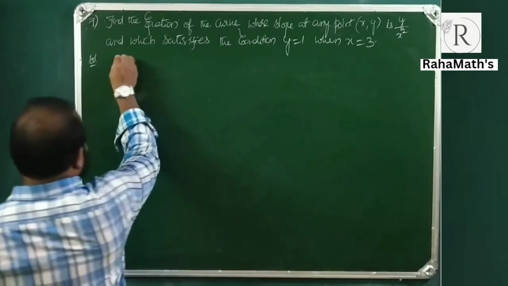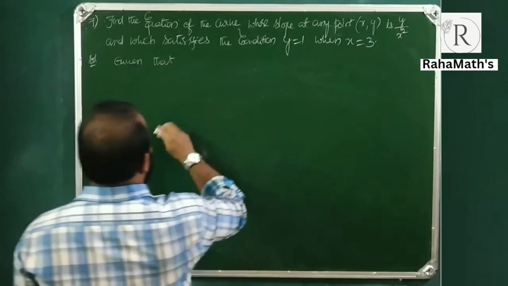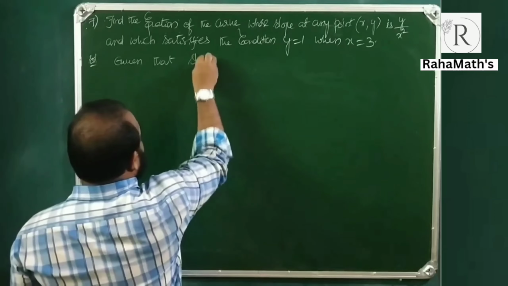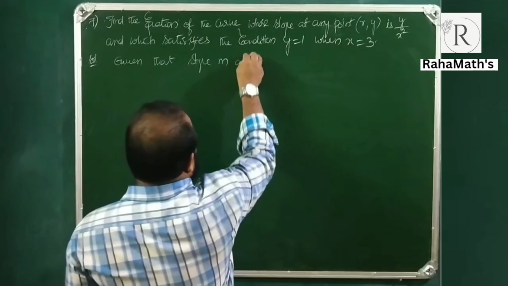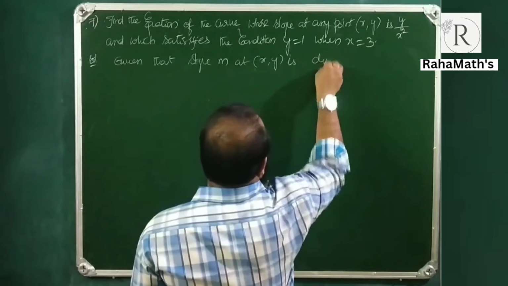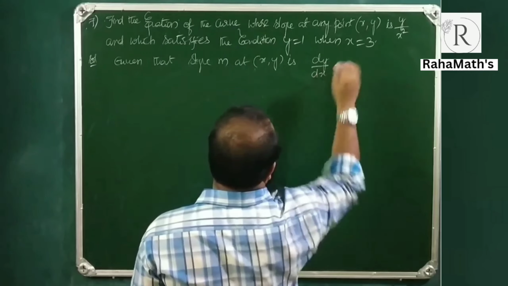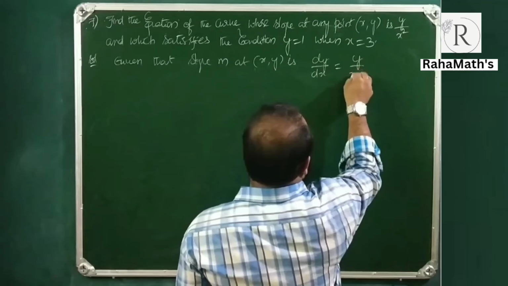So given that slope m at x comma y is dy by dx is equals to y by x square.